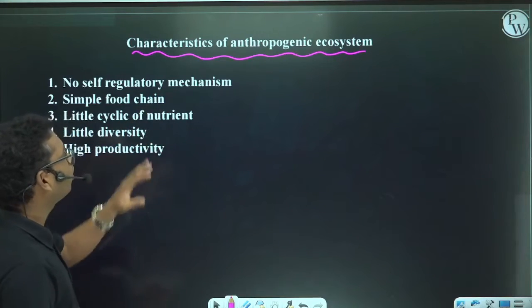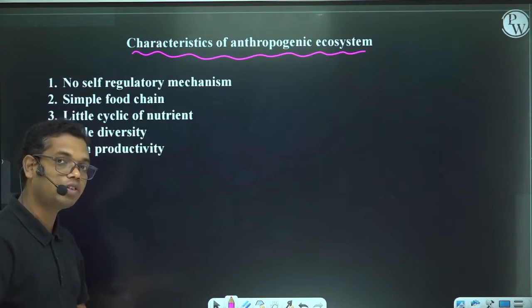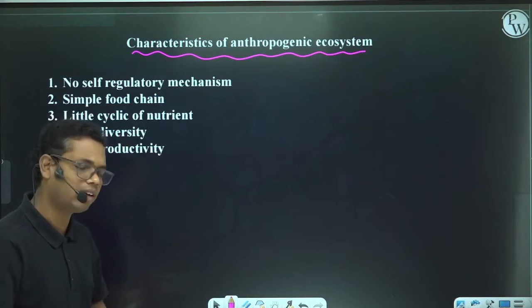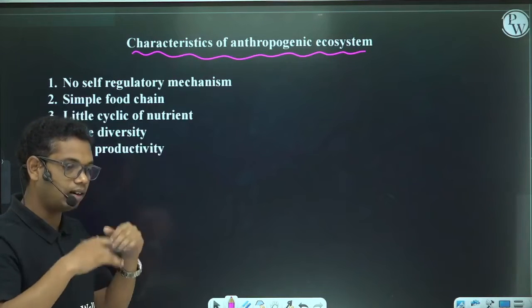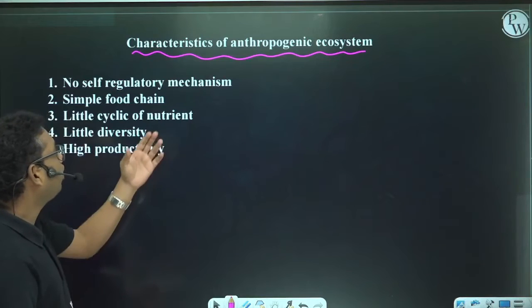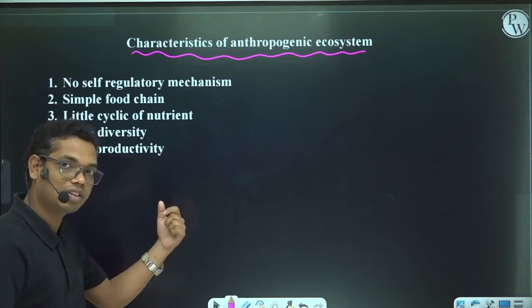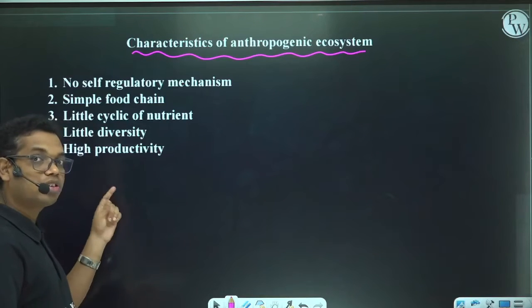In an anthropogenic ecosystem, little nutrient cycling takes place, but in a natural ecosystem, the nutrient cycling is very high. And in man-made ecosystem, diversity is very less, but in natural, diversity is high. In man-made ecosystem, productivity is high.